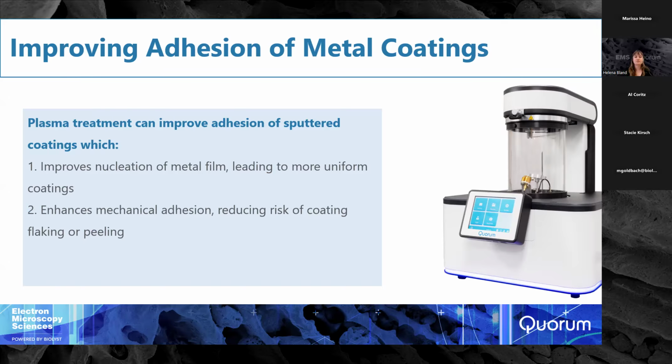It also enhances mechanical adhesion, reducing the risk of the coating flaking or peeling off from the sample. And finally, it makes a better conductive layer because we have a continuous uniform layer rather than an interrupted layer, which means we can help to minimize charging by just doing some plasma treatment before we do our coatings.